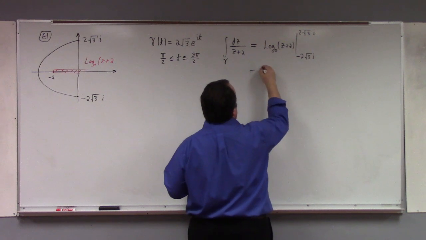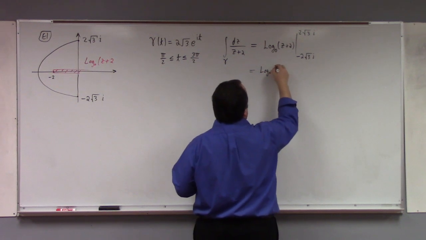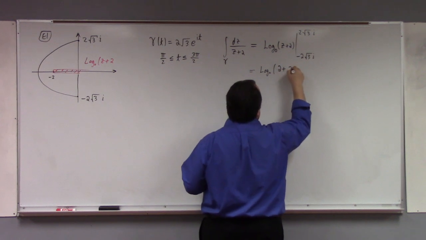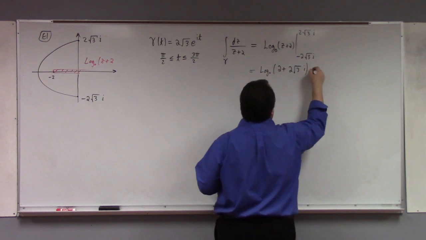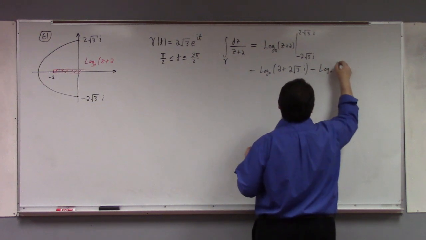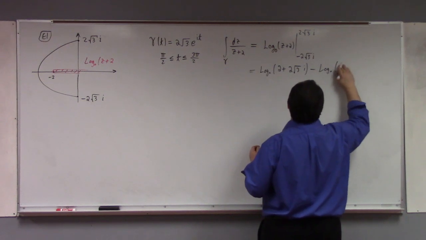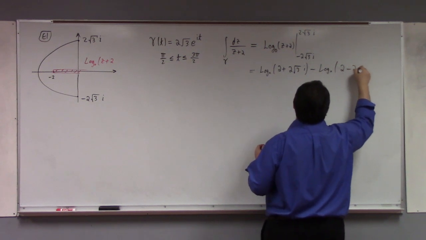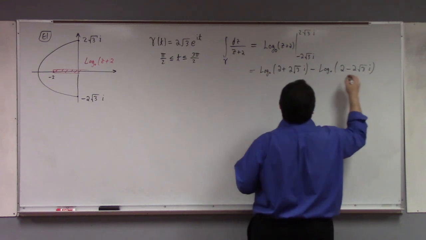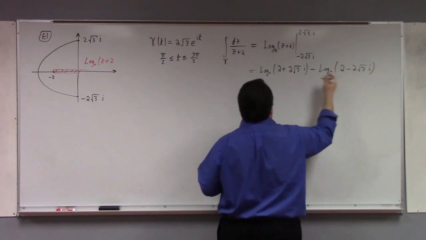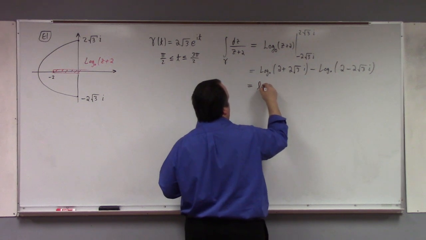So we can do that, and so let's do it. We've got log sub 0 of 2 plus 2 root 3 i, minus log sub 0 of minus 2 root 3 i. So both of these numbers have the same magnitude, right? So the real part's going to cancel out.